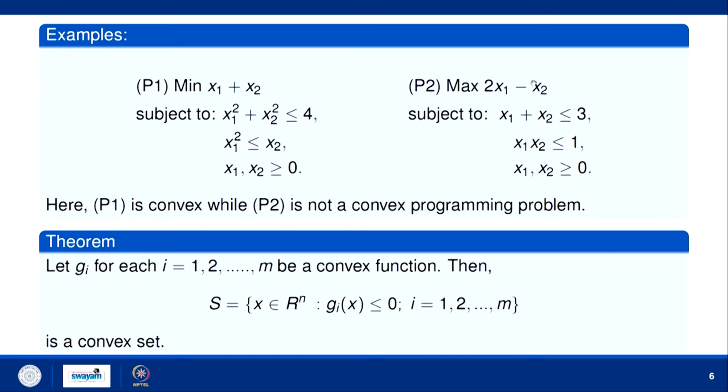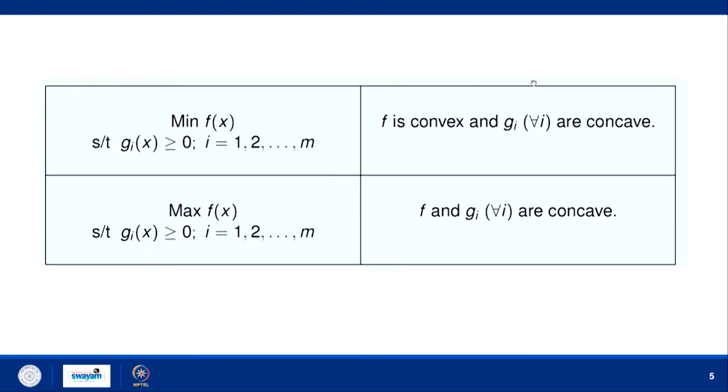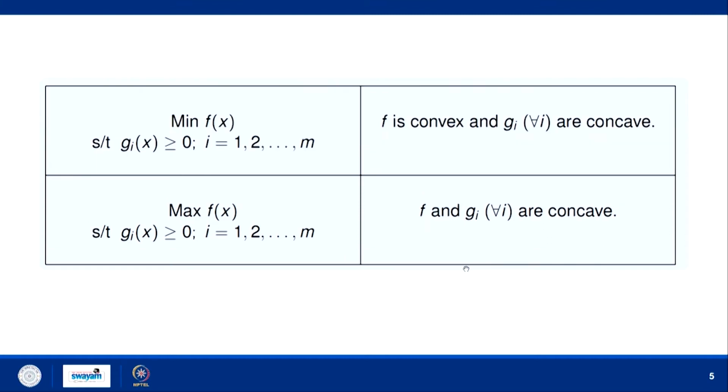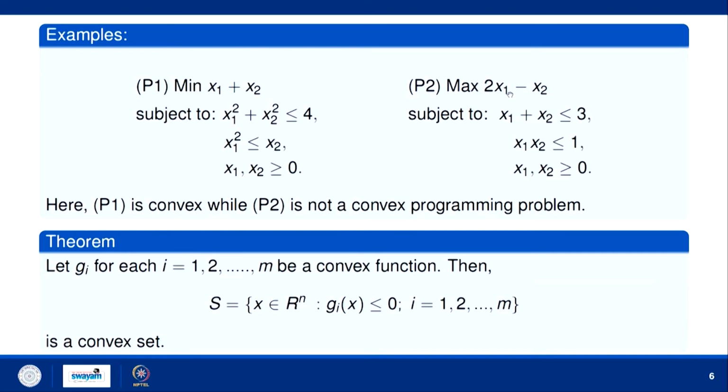We have already seen that if it is a maximization type problem, then f must be concave for a convex programming problem. So, it is concave as well as convex. It does not matter for this linear part, otherwise we should see that this function is concave. Now, the first constraint is x1 plus x2 minus 3 less than or equal to 0, which is a linear constraint, hence convex.